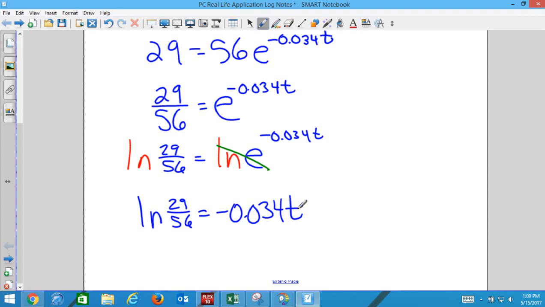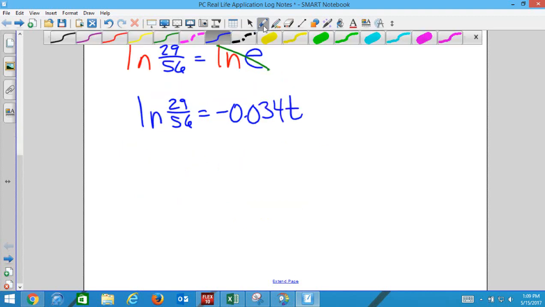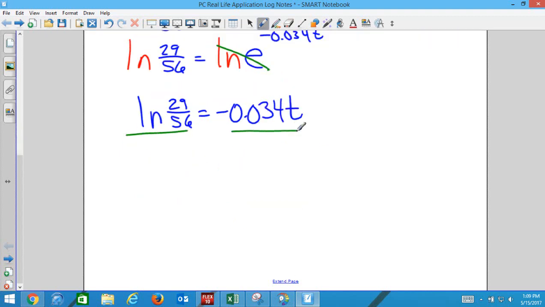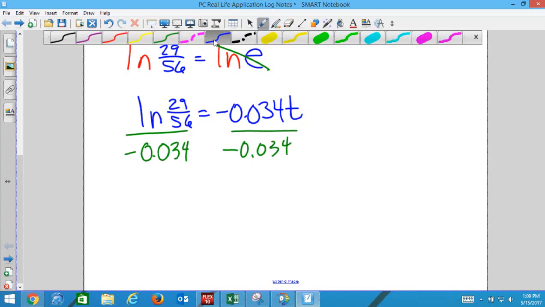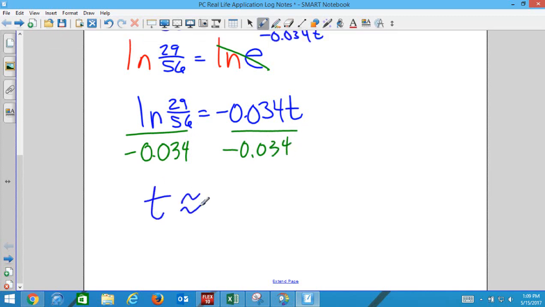Divide by negative 0.034. And this is where you finally type something in your calculator. Go ahead and type that in and see that you get the exact same answer that I got. We've got different calculators out there, so try typing it in yours.